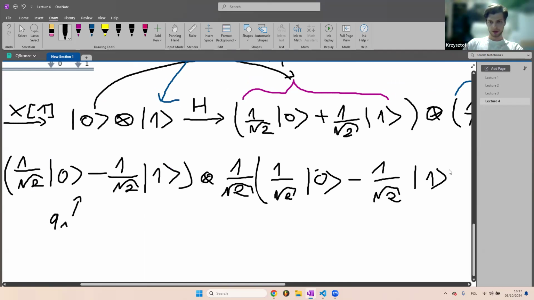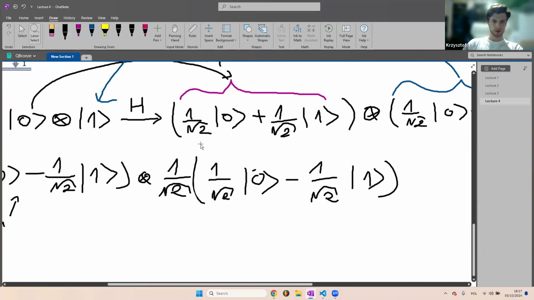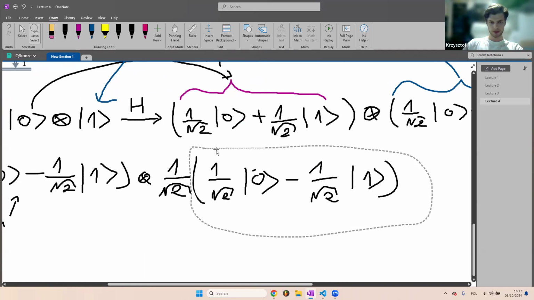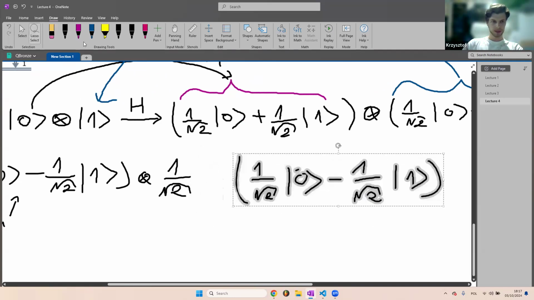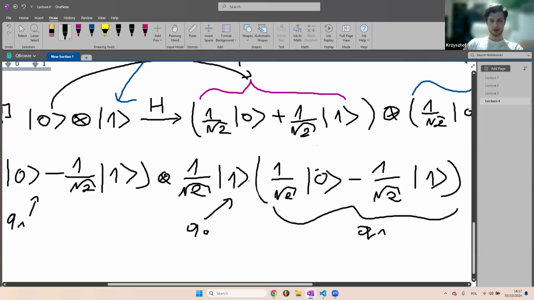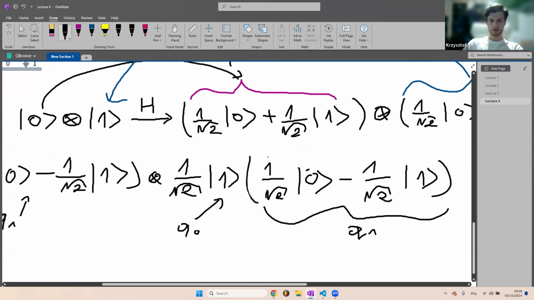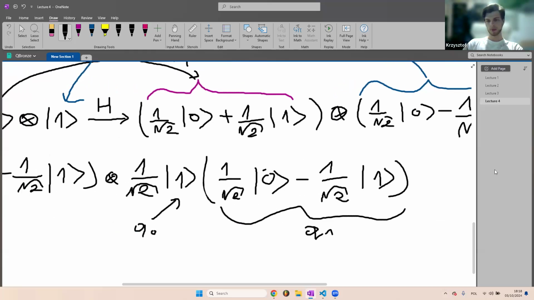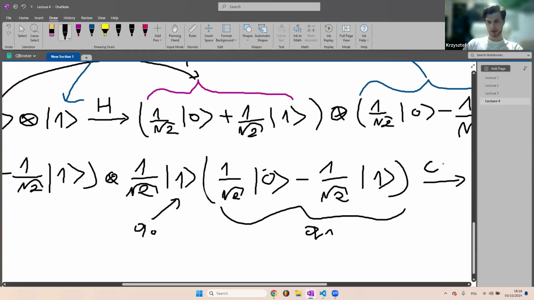I also forgot to bring 1 in front of the whole expression, so I will try to move it. Okay, so this is also the state of Q0, and this is the state of Q1, but rewritten in such a form that now it is easier to apply a controlled CNOT.